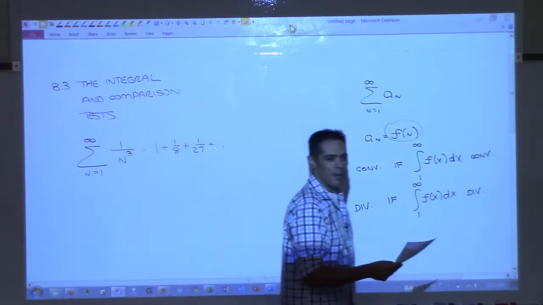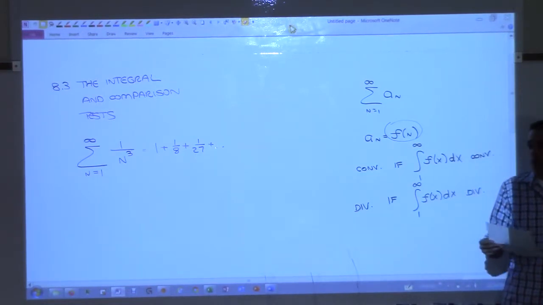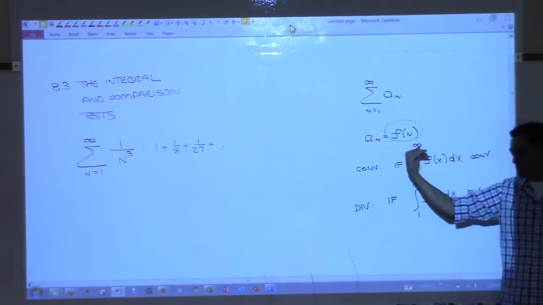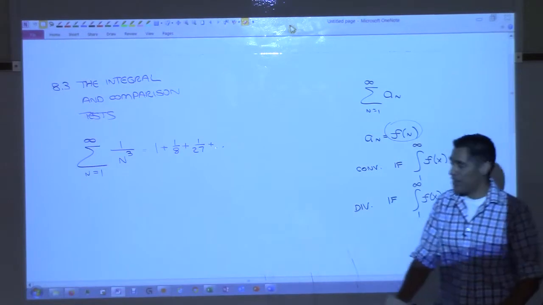We basically draw it without picking up our pencil. What does positive mean? Always above the x-axis. What does decreasing mean? It has to basically go down to 0, right? It's going to be headed towards 0. And what does integrable mean? We can find the antiderivative of it, right? Okay, so let's check this.